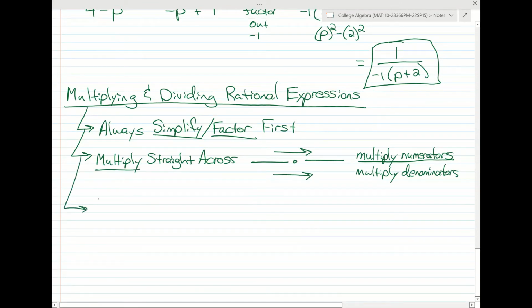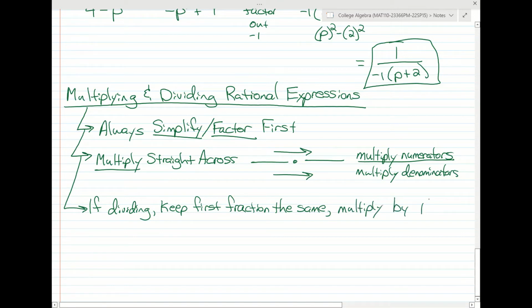If you're dividing, what we do is we keep the first fraction alone. Let's say keep the first fraction the same. And then multiply by the reciprocal of the second fraction.